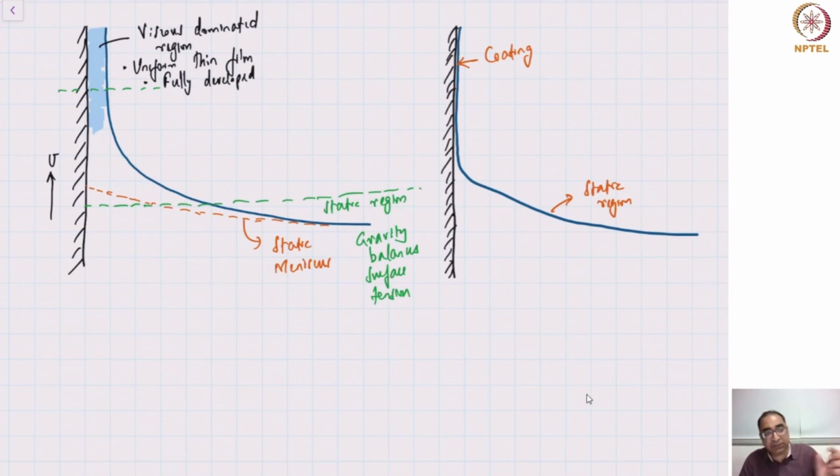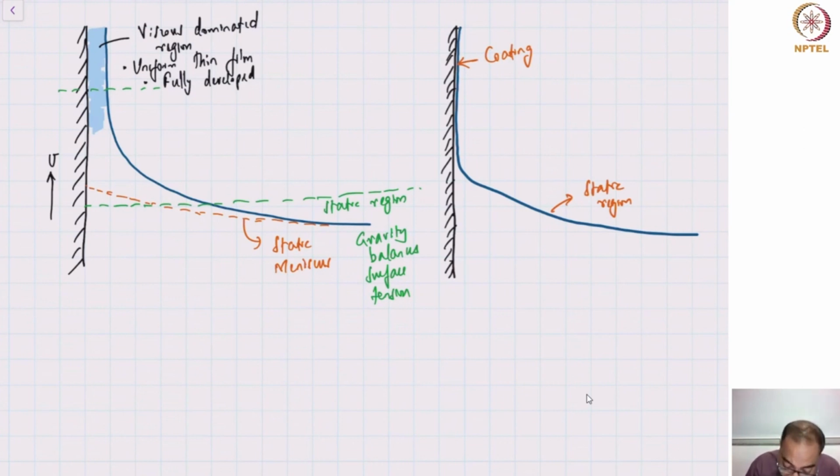So you have a viscous dominated region where viscosity is the primary force, and then you have a static region where eventually you are so far away from the plate that the motion of the plate, the viscous drag from the plate, is not really felt, and you have to have balance of the other two forces, which is gravity and surface tension.